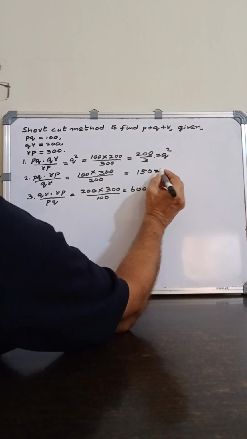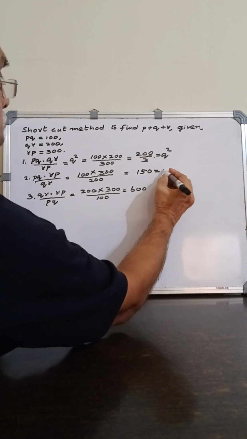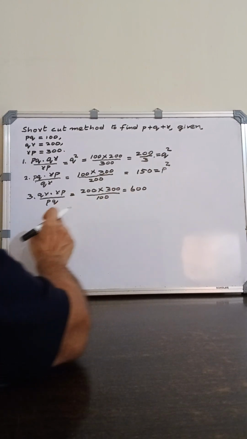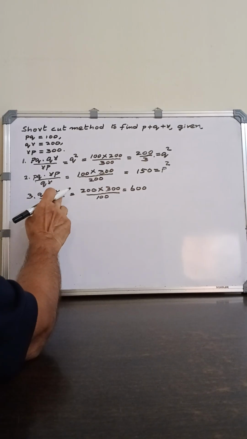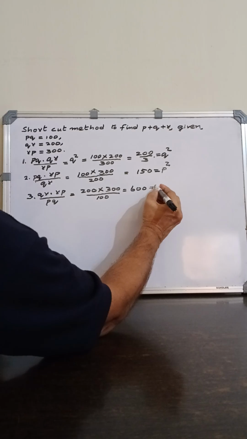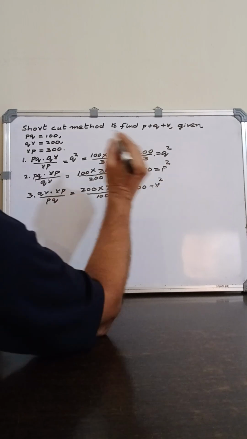This is QQRR, therefore P squared. Here P and P cut, Q and Q cut, therefore this is R squared.